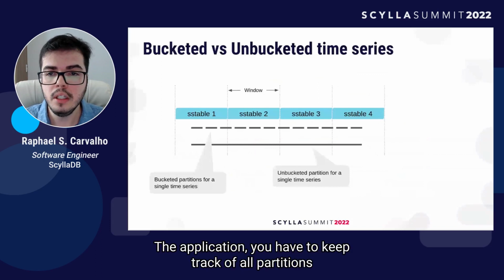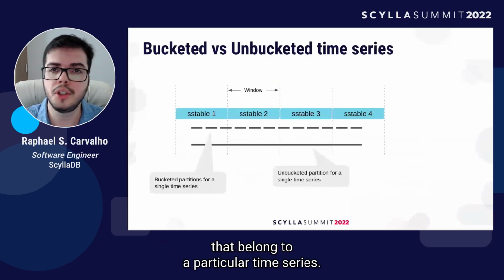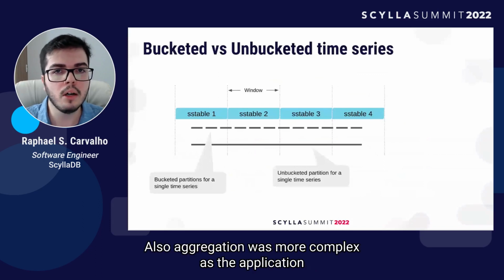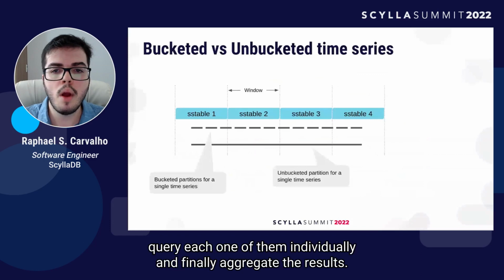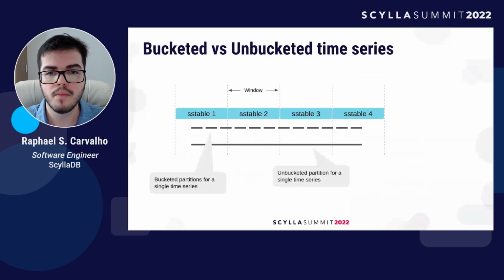The application will have to keep track of all partitions that belong to a particular time series. Also, aggregation is more complex as the application has to figure out which partitions store a particular time range, query each one of them individually, and finally aggregate the results.